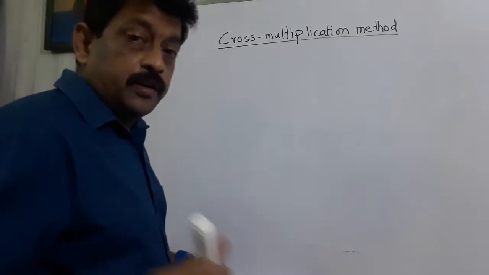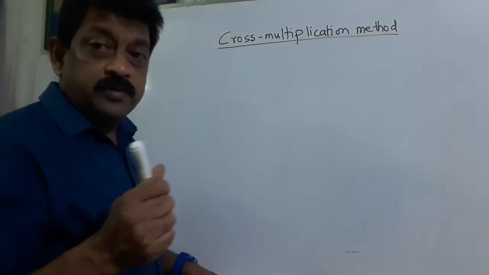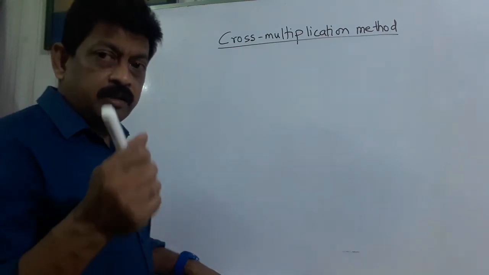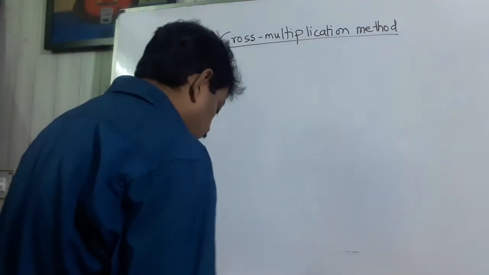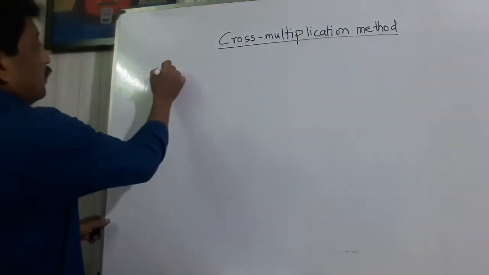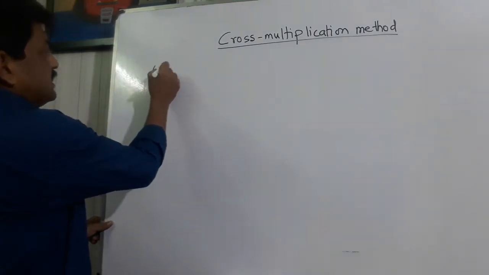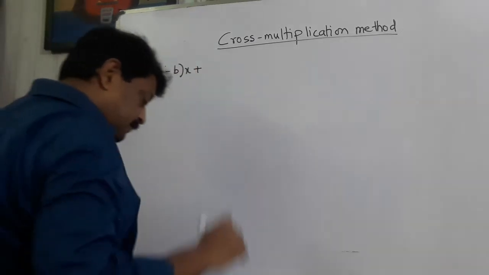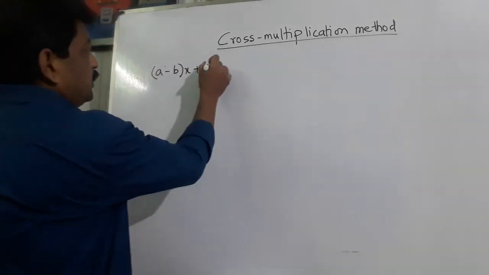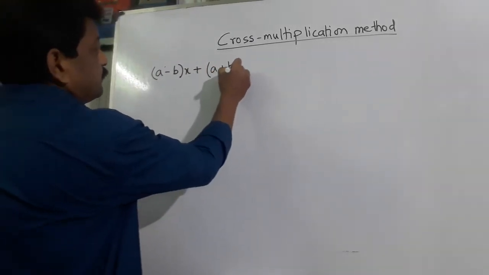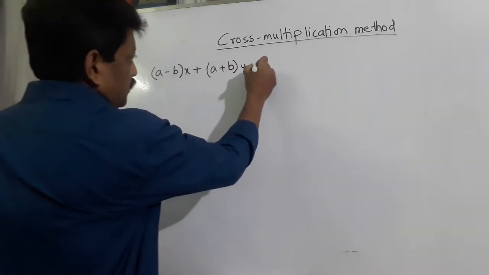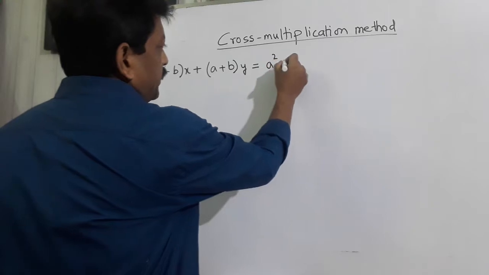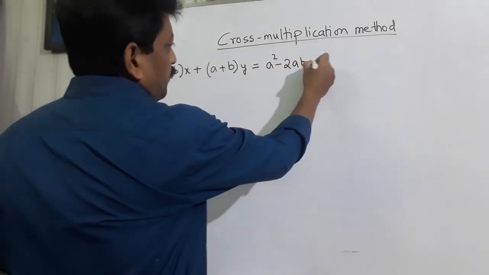This question is from exercise 3.7 of NCERT class 10 mathematics book. The question is: solve the equations. The first equation is (a minus b)x plus (a plus b)y equals a square minus 2ab plus b square.